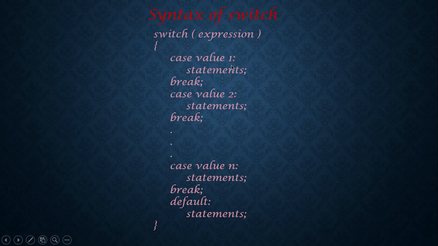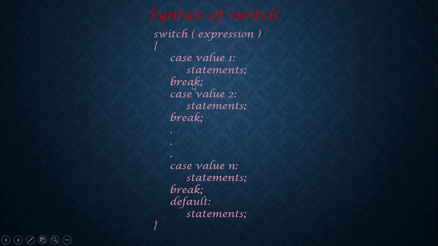This value is basically one of the possible values of this expression that we have given here. So if this value 1 matches the result of this expression, then the statement that is present after it will get executed.